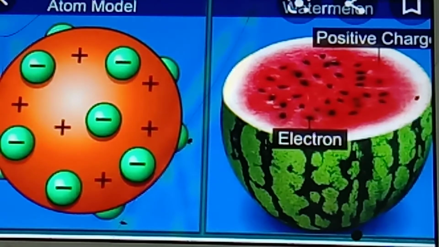The embedded electrons resemble the seeds of a watermelon, while the watermelon's red mass represented the positive charge distribution. The plum pudding atomic theory assumed that the mass of an atom is uniformly distributed all over the atom.